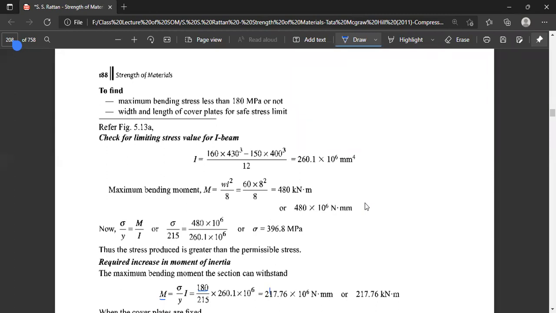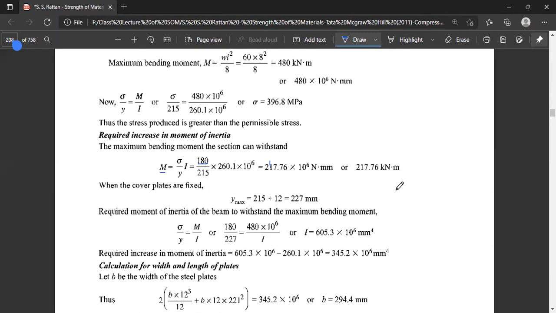So this equation will reduce to 217.76 multiplied by 10 to the power 6 Newton millimeter, or 217.76 kilonewton meter. That is the maximum bending moment this section can withstand.